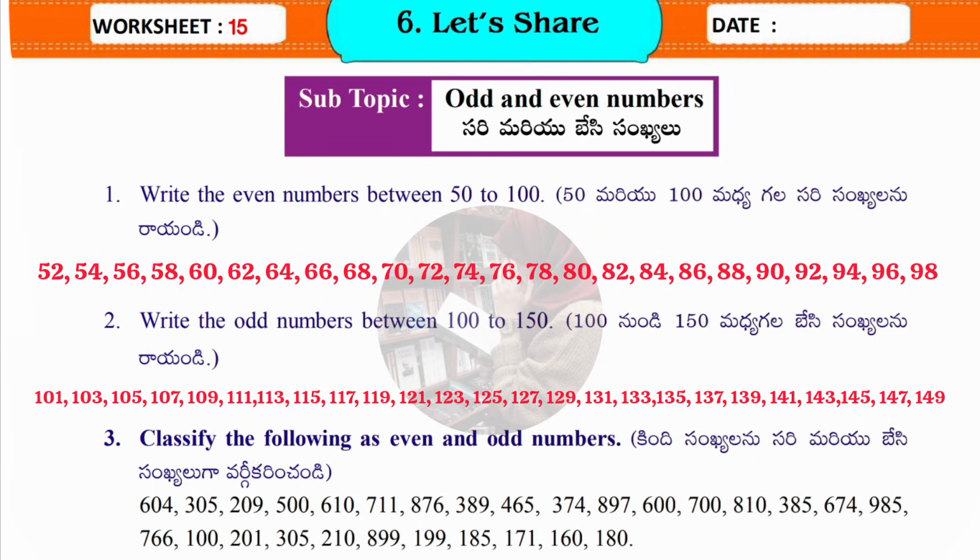So these are all the odd numbers between 100 to 150.